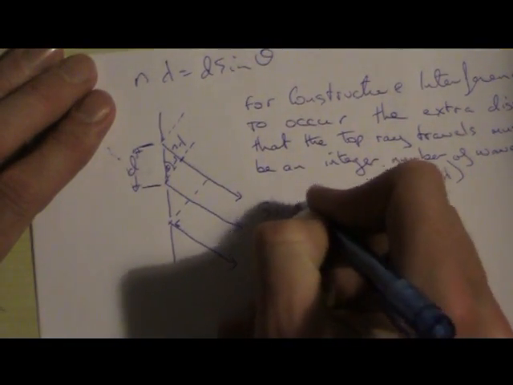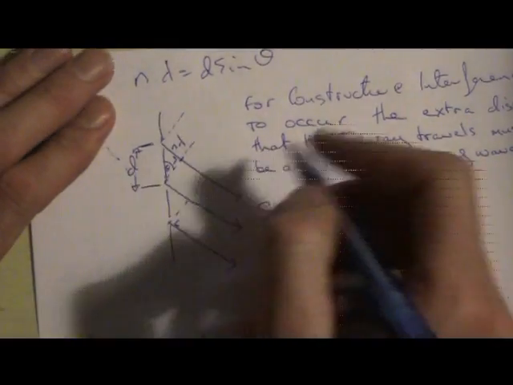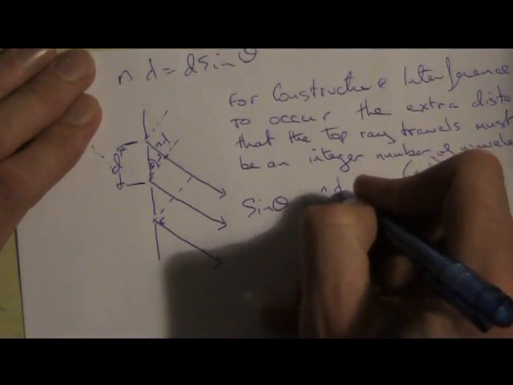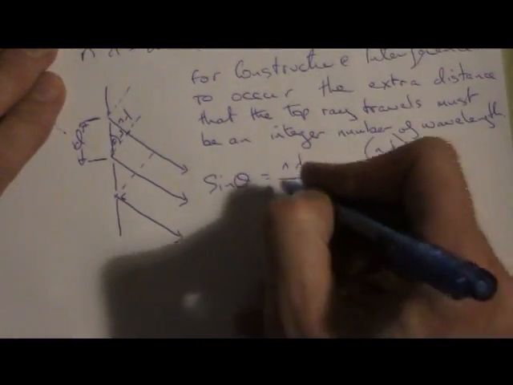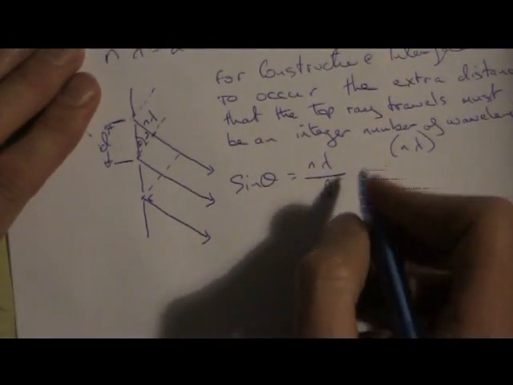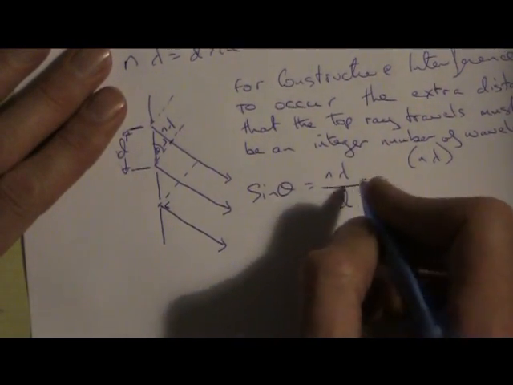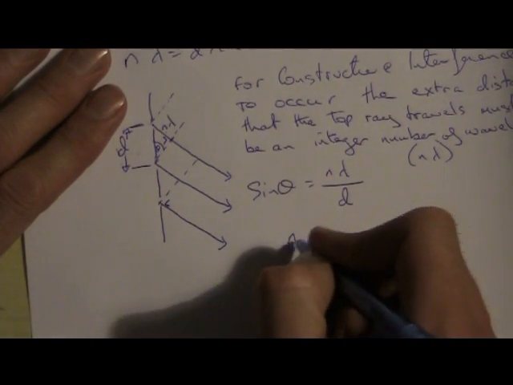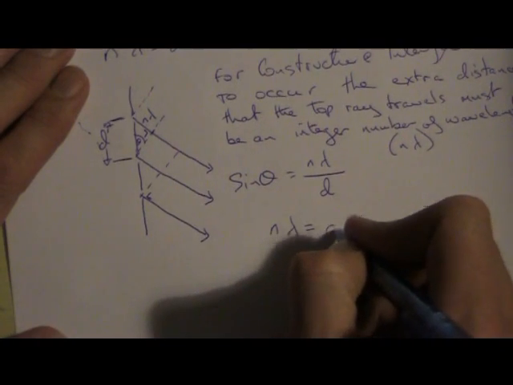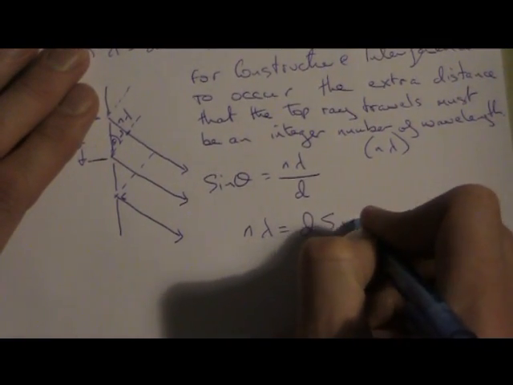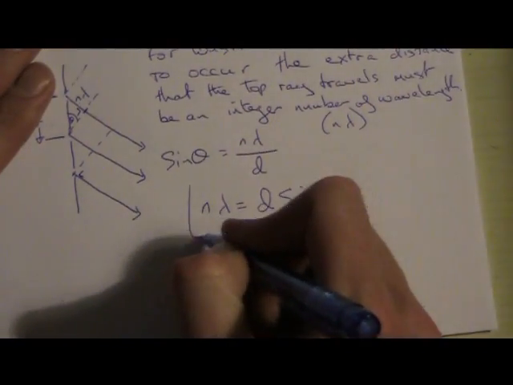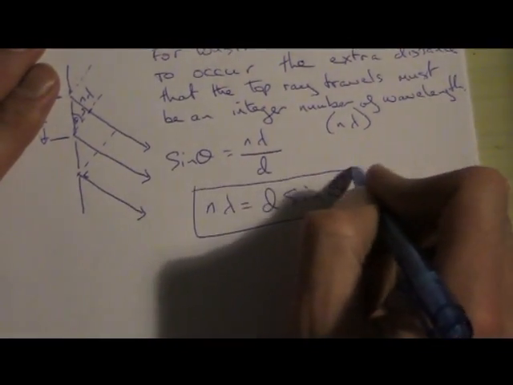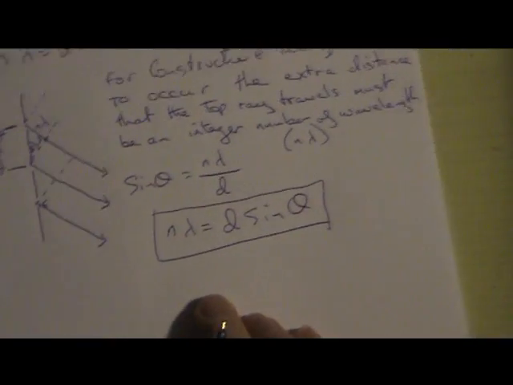Sine theta is the opposite over the hypotenuse, which is n times lambda over d, since the hypotenuse of this right angle triangle is d. With a little bit of algebra, bring the d across, so n times lambda equals d times sine theta, and that's it. n times lambda equals d sine theta.